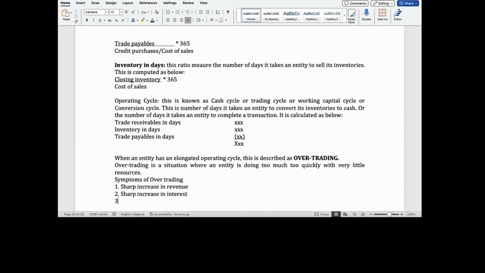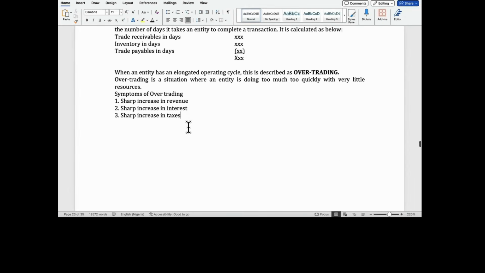You see also a very sharp increase in taxes, because this revenue increase will definitely result in paying more tax as they become profitable.